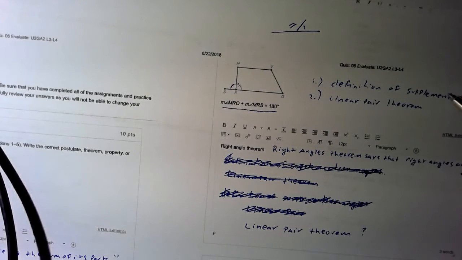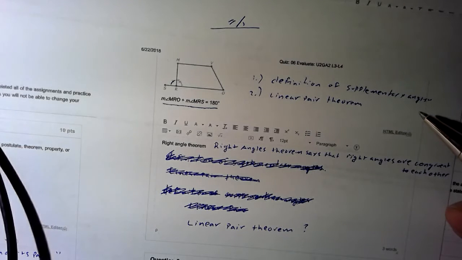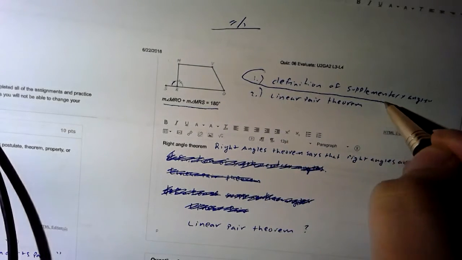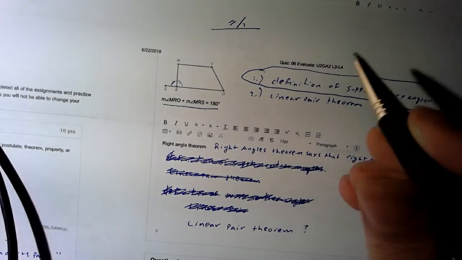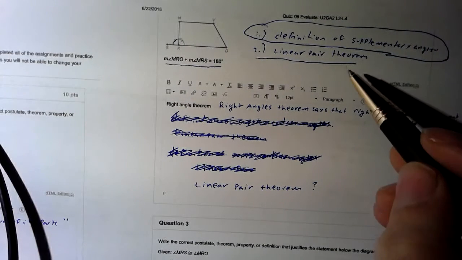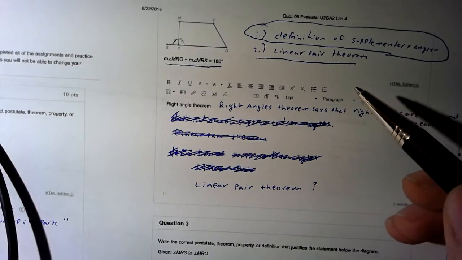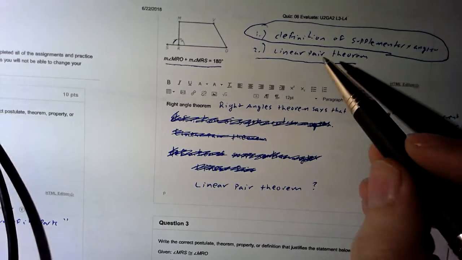So I think that's the safer one to use, but I like to be very systematic and meticulous, so I might be reading too much into this. Now you might be wondering, why is this a safer one than the other one? Well, the reason is the linear pair theorem is actually not on the theorem list. They put it in the conjectures list, and they don't even call it linear pair theorem.